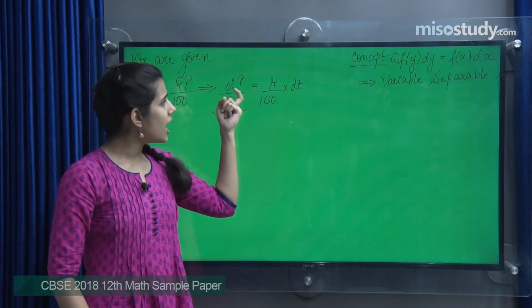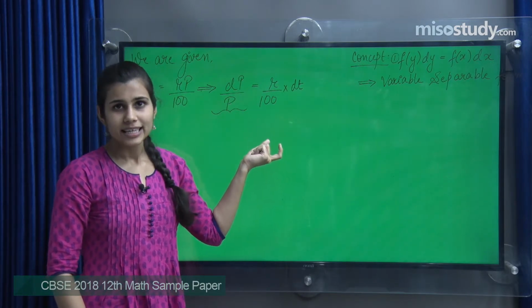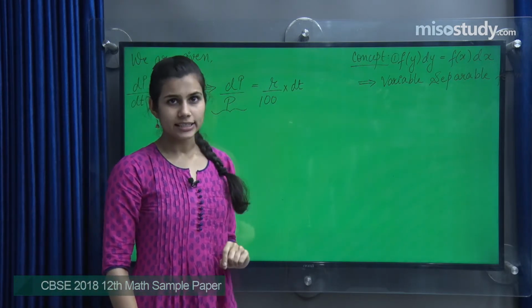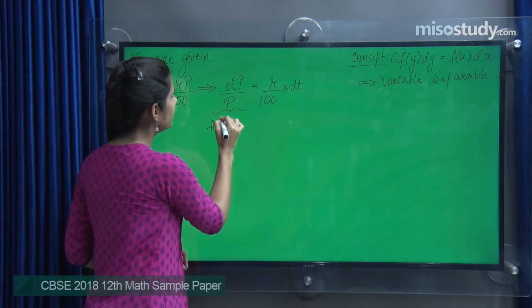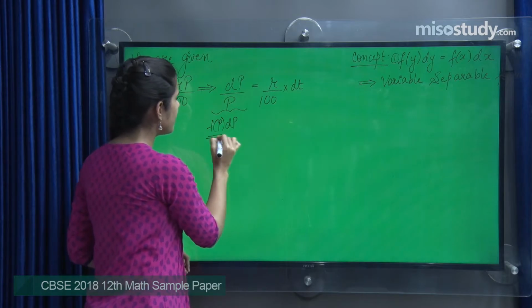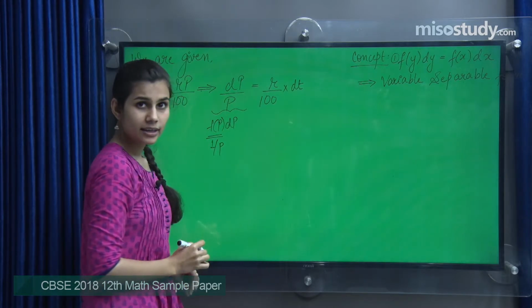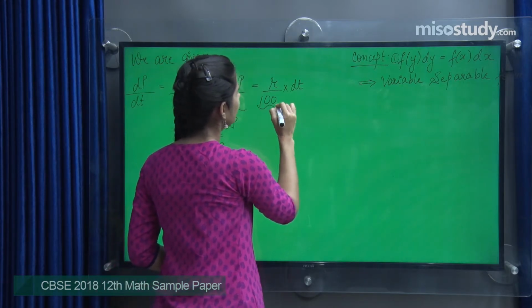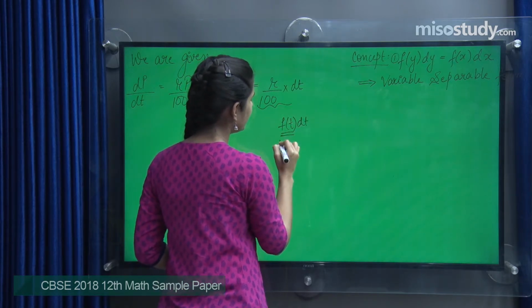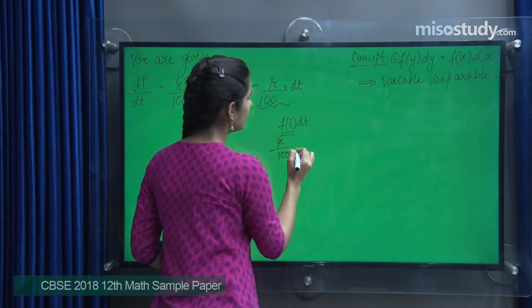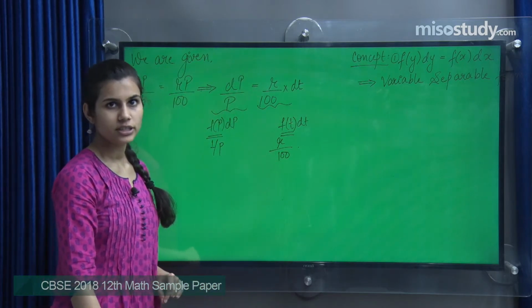F of t is r upon 100 into 1. Basically, it's a constant function into dt. So you have f of p into dp, where f of p is 1 upon p. And here you have f of t into dt, where this f of t is r upon 100, a constant function.